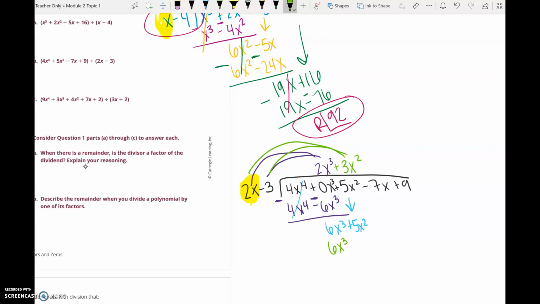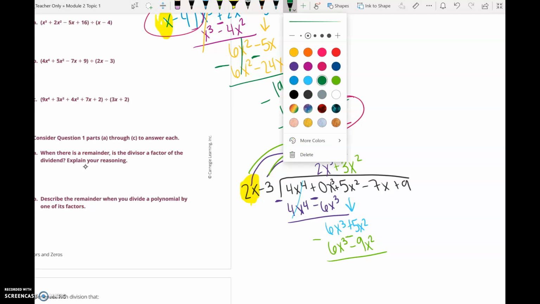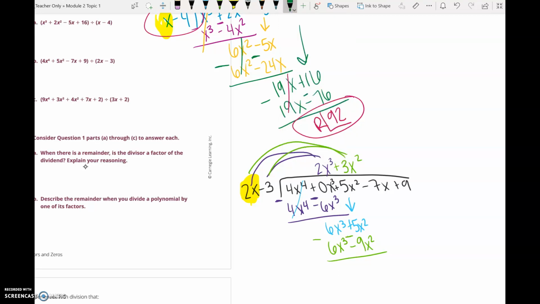And negative 3 times 3x squared is negative 9x squared. I am subtracting. Be careful. 5x squared minus a negative 9x squared is a 14x squared. Now, something to keep in mind. If these don't cancel every time, you screwed up and you need to go back.